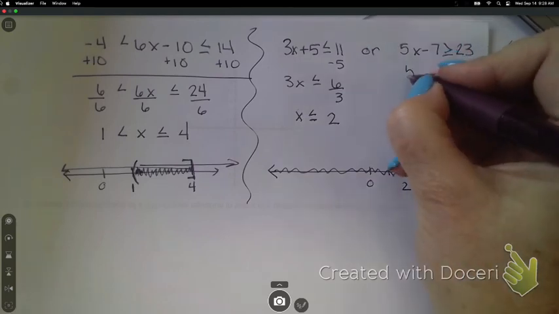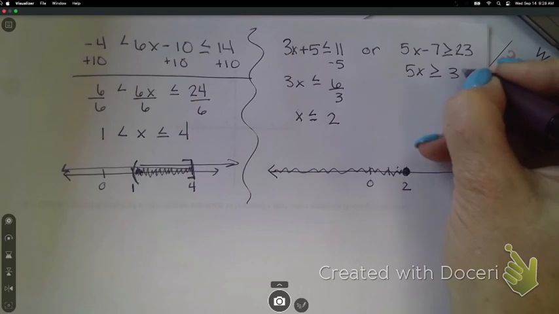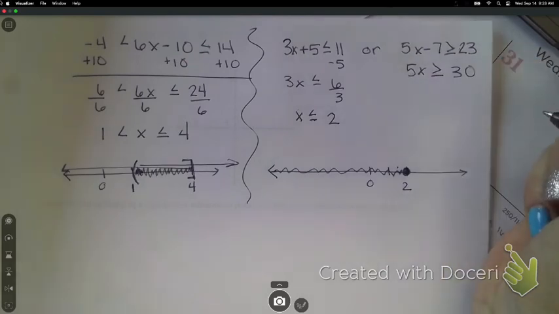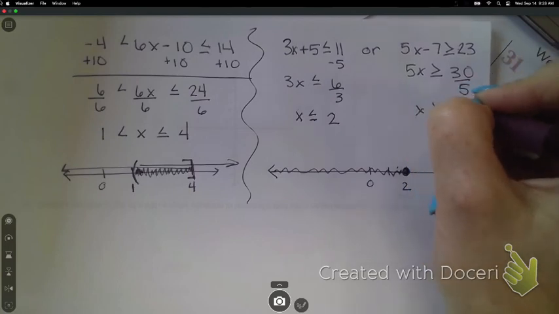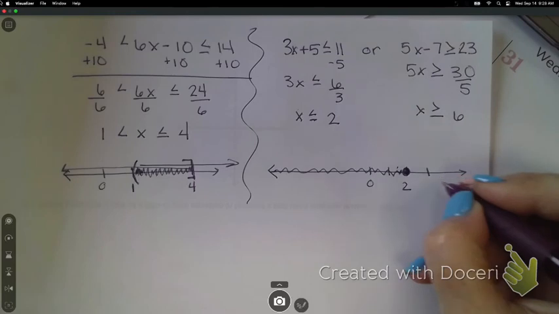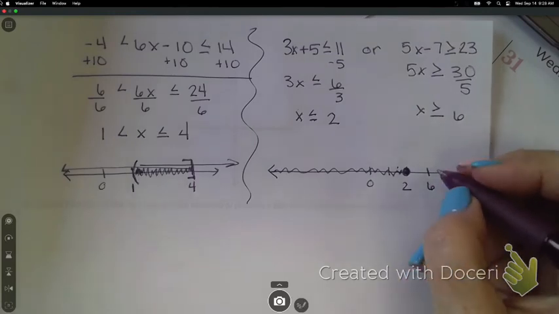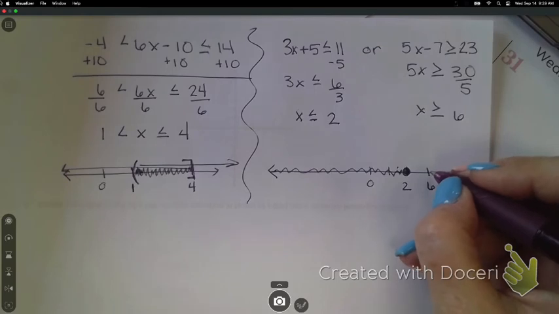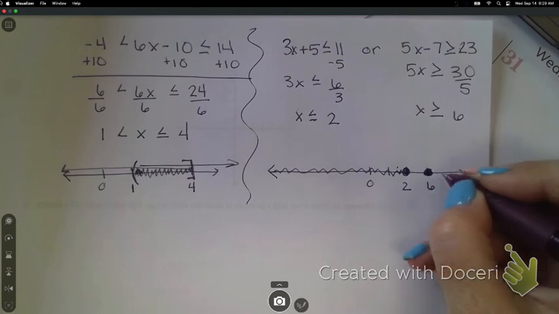Add the 7, so 5x is greater than or equal to 30. Divide by 5. So x is greater than or equal to 6. Open or closed? Closed. Left or right? Right, because it's greater than.